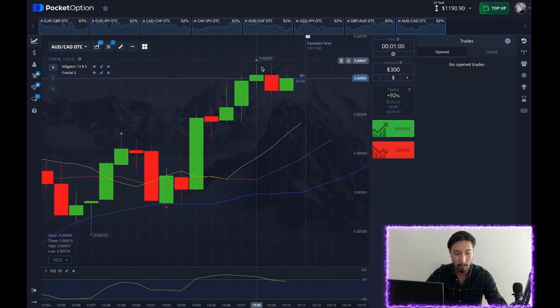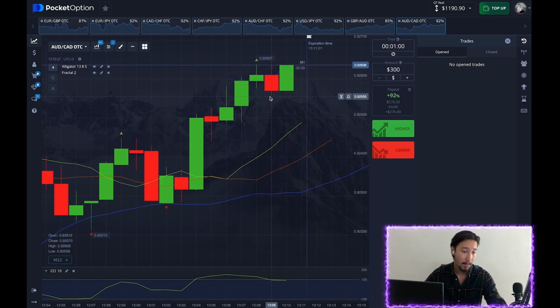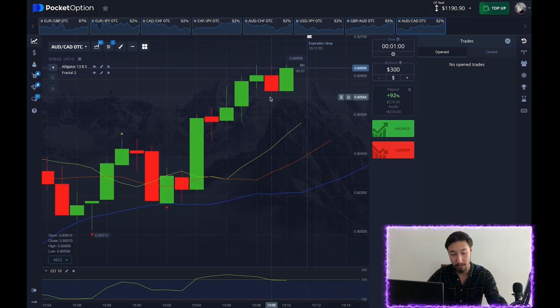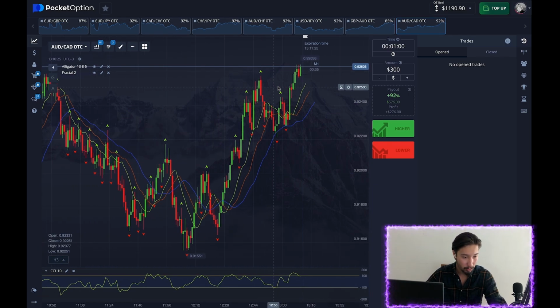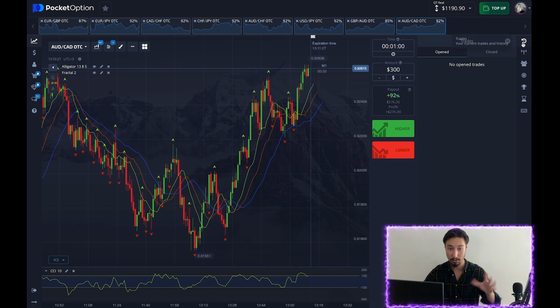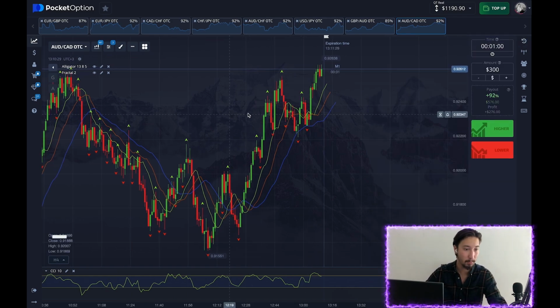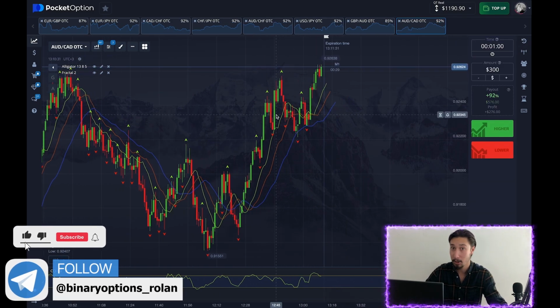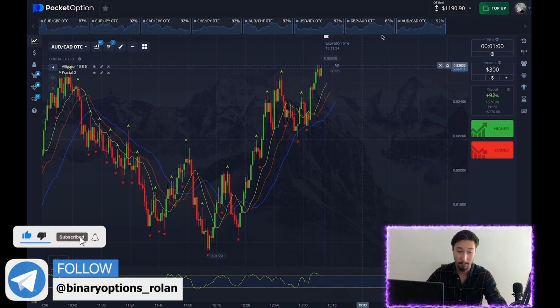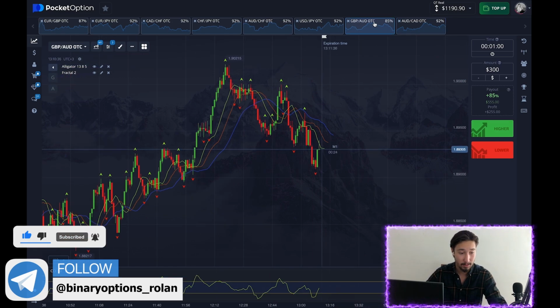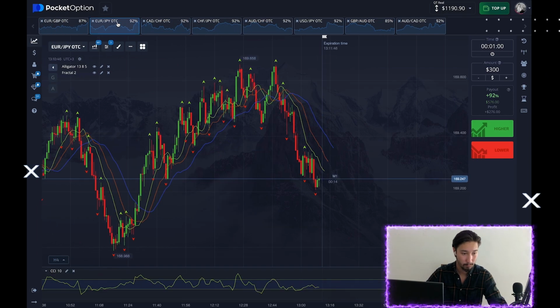I opened the deal correctly according to the timing, and a brilliant analysis leads to the fact that I closed the transaction in profit. I'm absolutely satisfied with the result of this transaction because it was like a 50-50 situation, but for me it's good because I'm a professional. The strategy is great, and the indicators helped us. So let me just select the next currency.